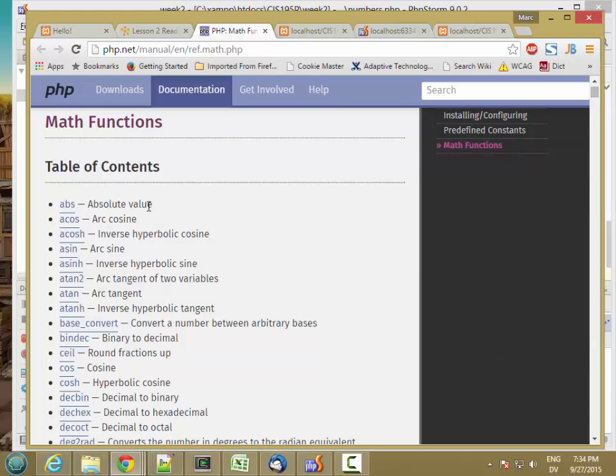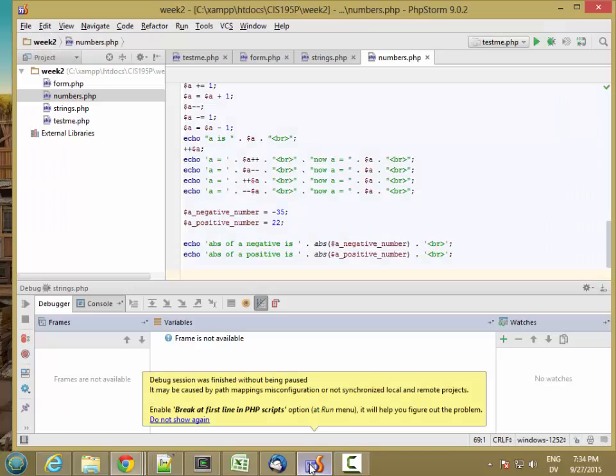There are trigonometric functions, if you know trigonometry. So arc cosine, hyperbolic arc cosine, sine, tangent, and so on. You can convert a base between arbitrary bases. You can convert binary to decimal, so this will take a binary string and return a decimal number.